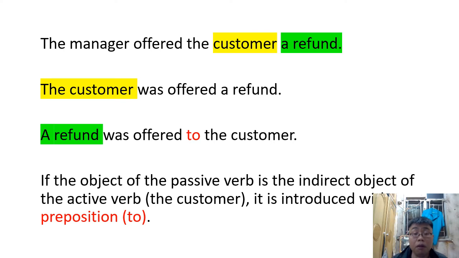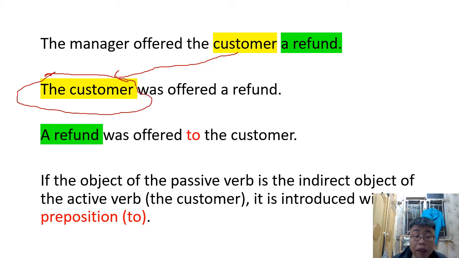So we put the indirect object, the customer, at the beginning of the sentence here. And in the second sentence, the focus is on what was given to the customer. That's why the direct object, a refund, was put at the beginning of the sentence as the subject.